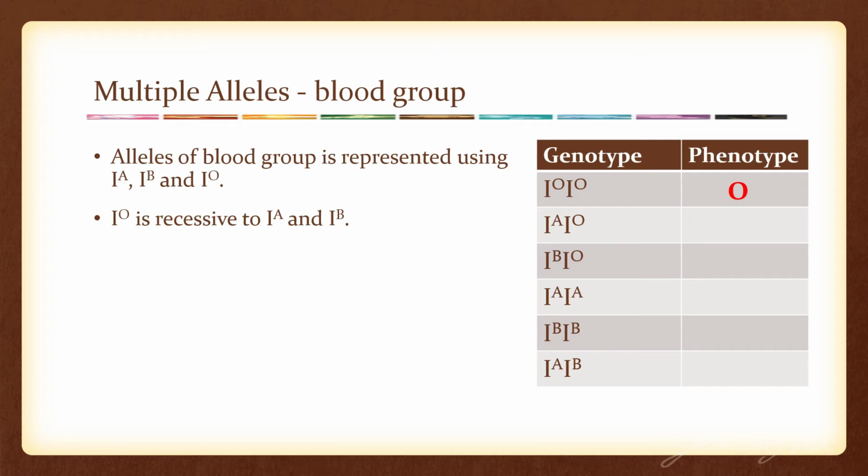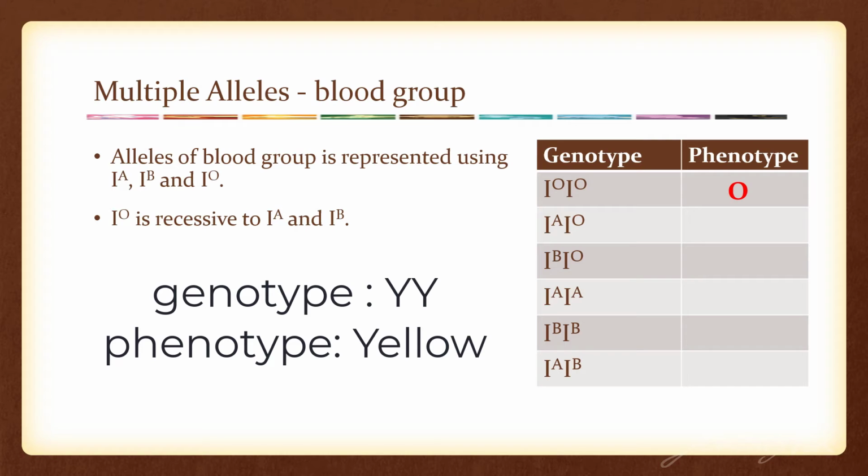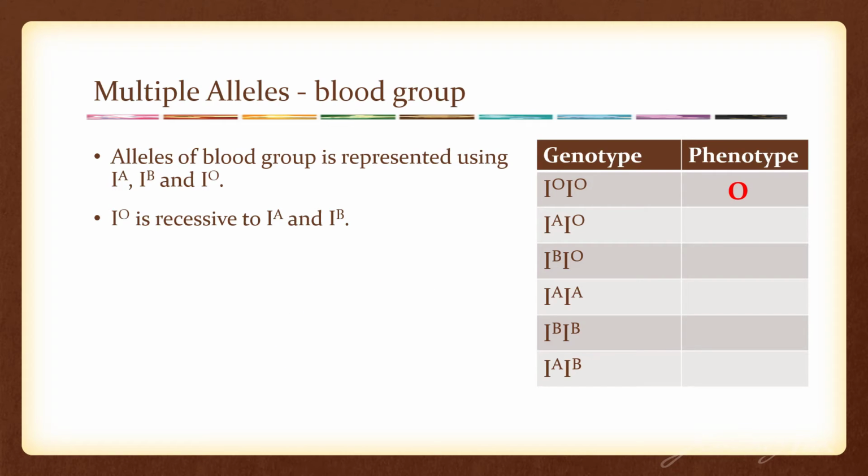It will help to differentiate genotype from the phenotype, which is unlike color, whereby let's say for yellow we use capital Y, then the phenotype we spell it out as yellow. For our blood group, the genotype has to be written differently from the phenotype to avoid confusion.